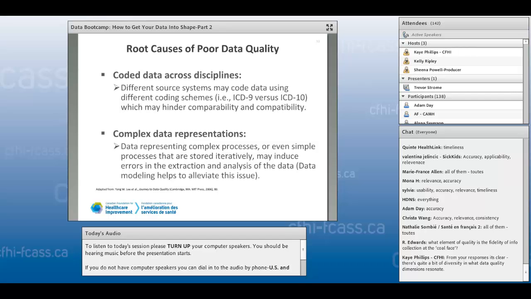Another issue that we have with healthcare is complex data representation. So a lot of the workflows that we have in healthcare, I do a lot of work with the emergency program, and we're capturing fairly complex workflows with a relatively small number of drop-down menus, status codes, timestamps, etc. So we're trying to abstract the entire event of an emergency department patient's visit into a finite set of data.